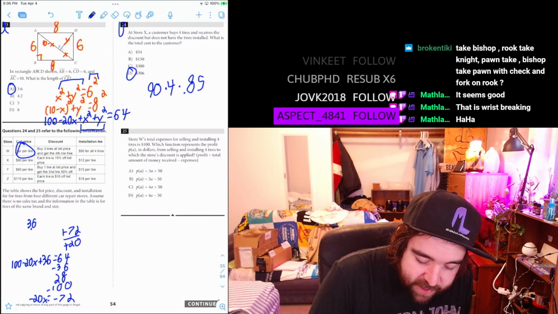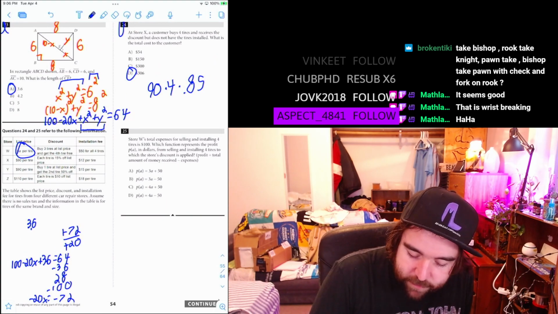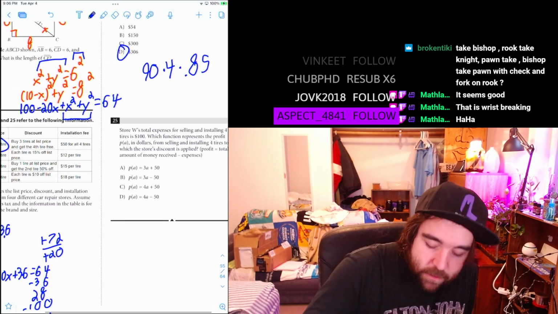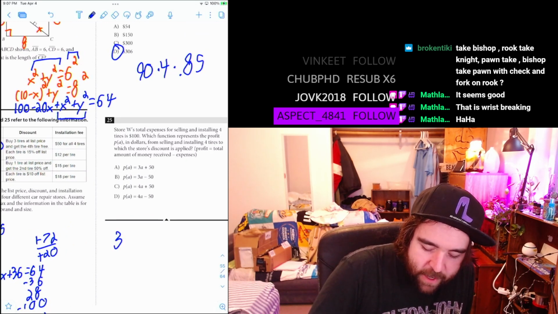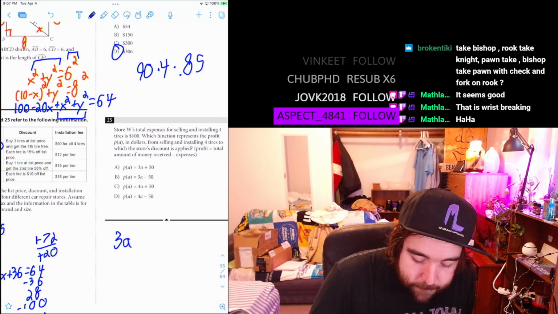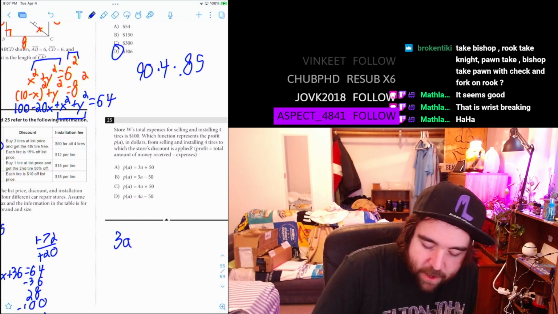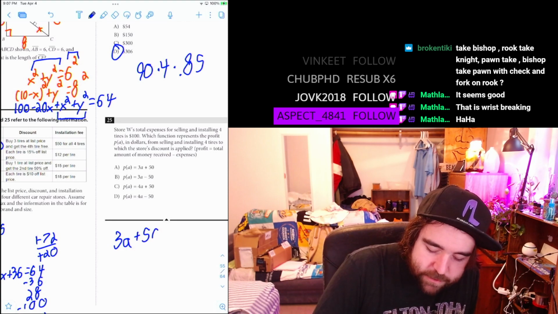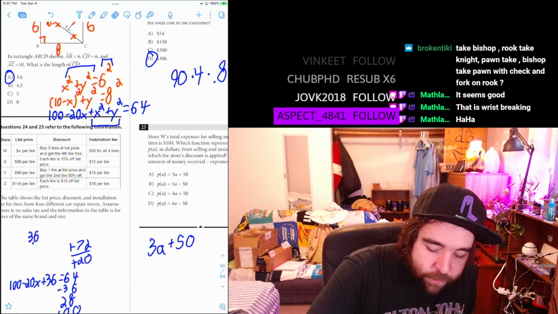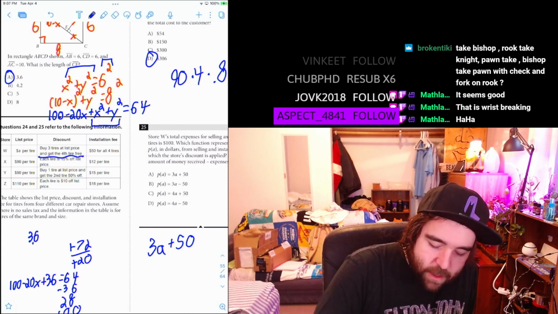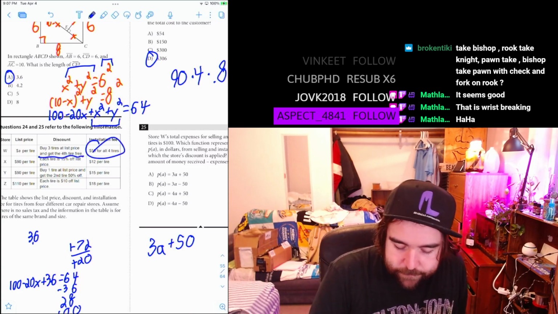Ooh, but they buy 3 tires at the list price and get the 4th one for free. So they're actually only buying 3 tires. They're paying $8 per tire. Ooh, but they also pay $50 to install them, right? So it's $8 per tire, buy 3, get 1 free, and they pay $50 for installation.